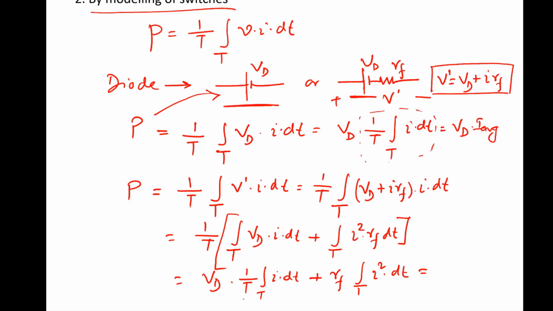This is I average and this one is I RMS square. So Vd into I average plus I RMS square into Rf. So these are the two methods of calculating the power across the switch, that is the conduction losses occurring across the switch.